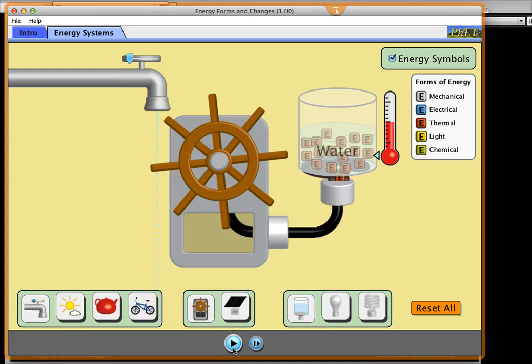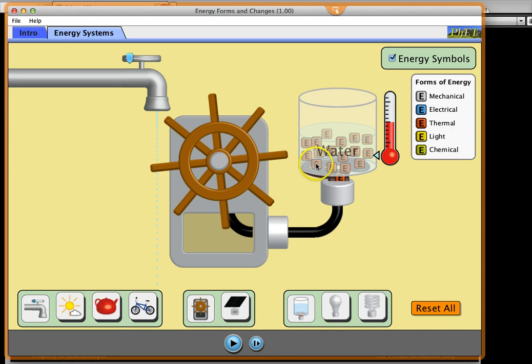Okay, so what exactly happened? All right, here are my numbers that I observed. I had counted the number of energy units in the water to begin with, and that was 14. Let me just reset all and we'll count the number left now first.